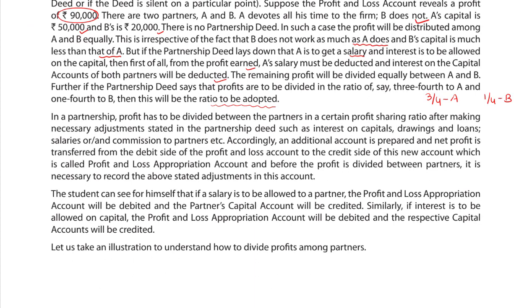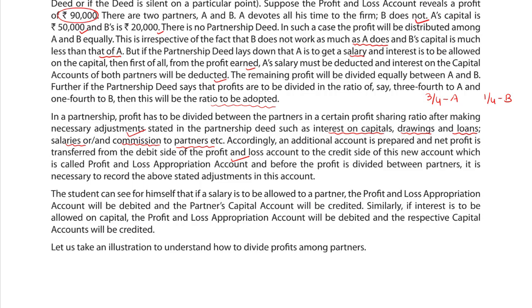In a partnership, profit has to be divided between the partners in a certain profit sharing ratio after making the necessary adjustments stated in the partnership deed, such as interest on capital, drawings, loans, salaries, commission to partners, etc. Accordingly, an additional account is prepared and net profit is transferred from the debit side of the profit and loss account to the credit side of a new account, which is called the profit and loss appropriation account.